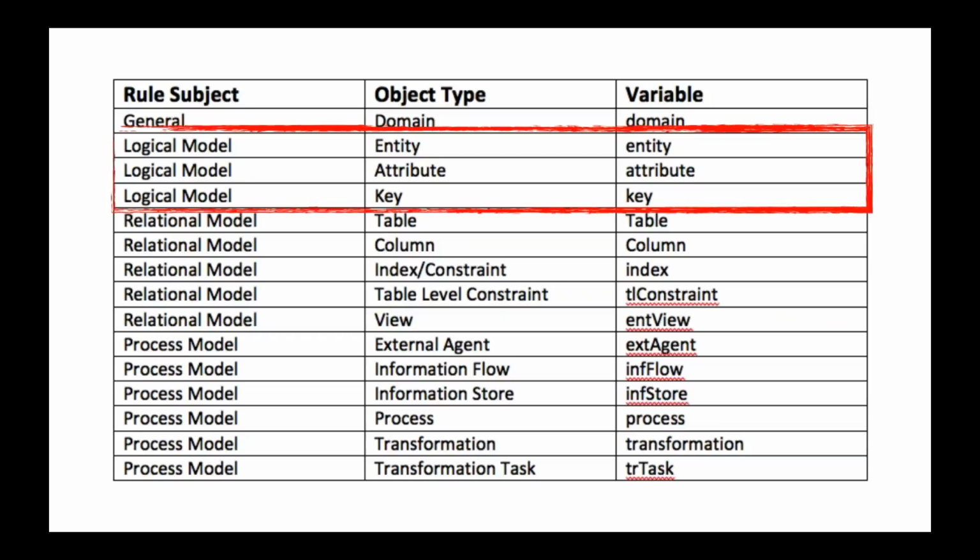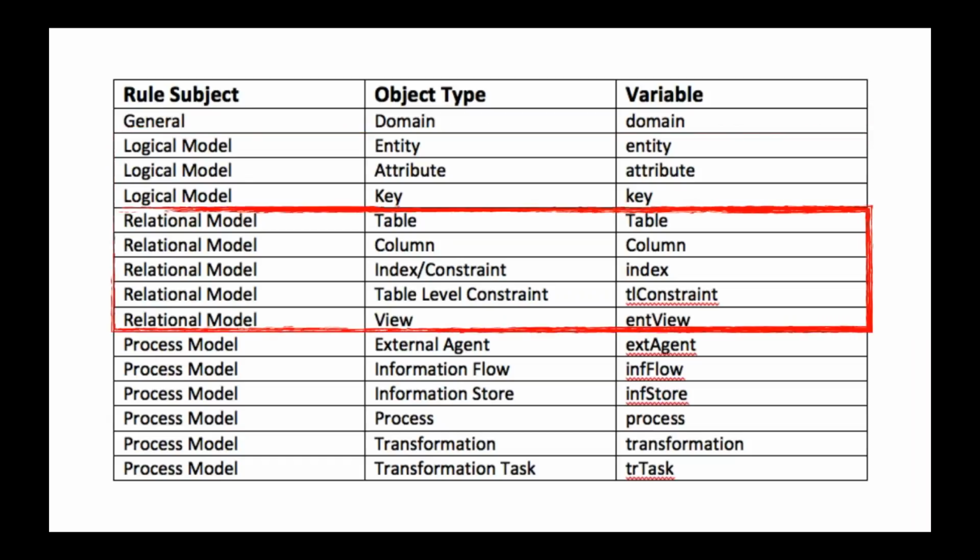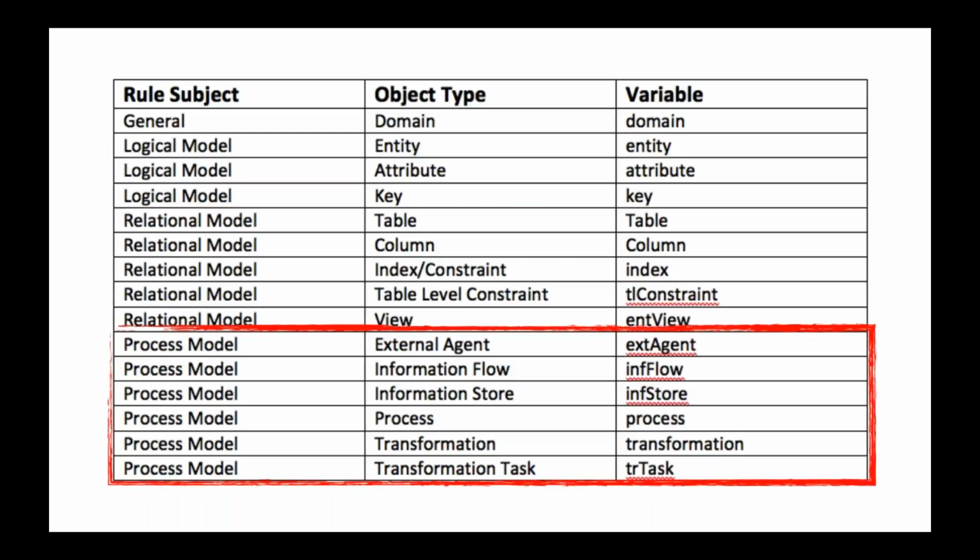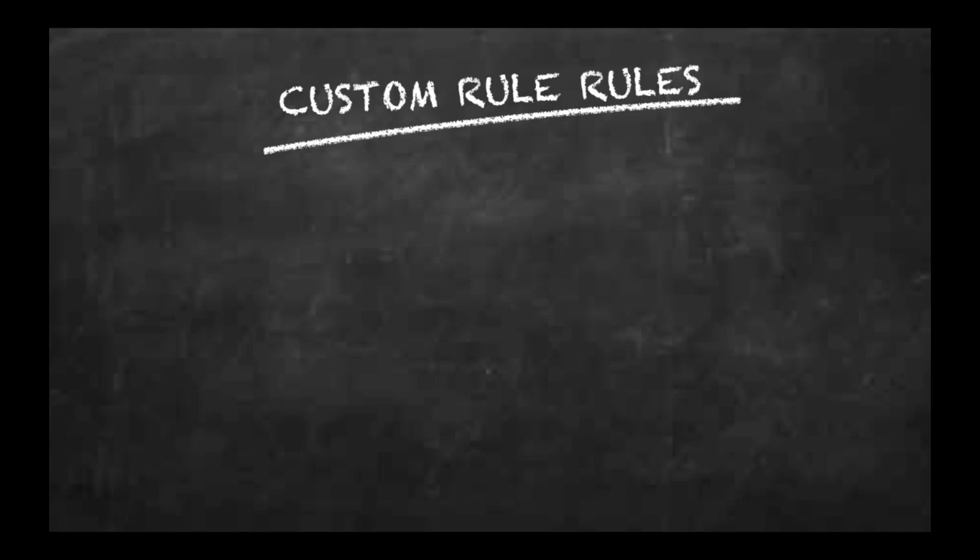So this is a complete list of the object types that are available when you're writing rules. You can test your logical objects, logical models, pardon me, relational models, and also process models. So some things to consider when you're creating design rules.